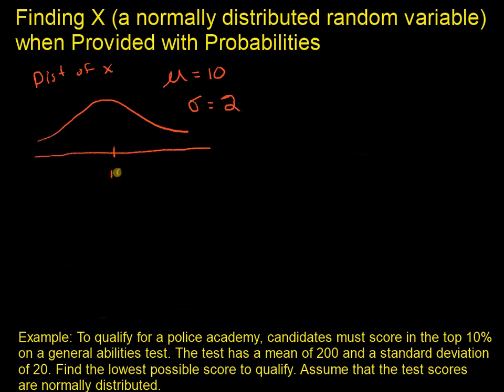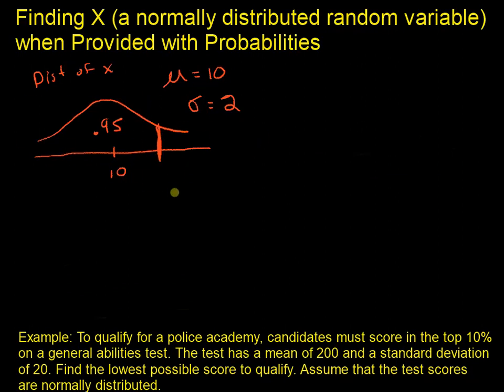Here in the center is 10, and I'm asked to find the 95th percentile, which means, with this cutoff, what is this value of x for which 95% of the population is less than that value of x?